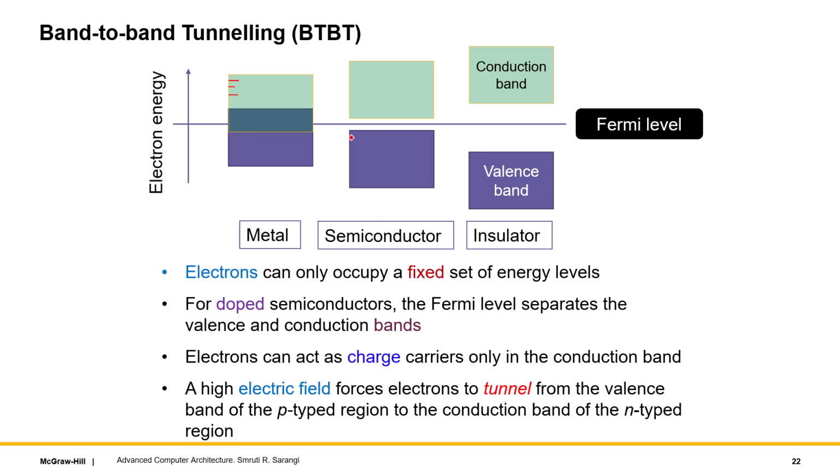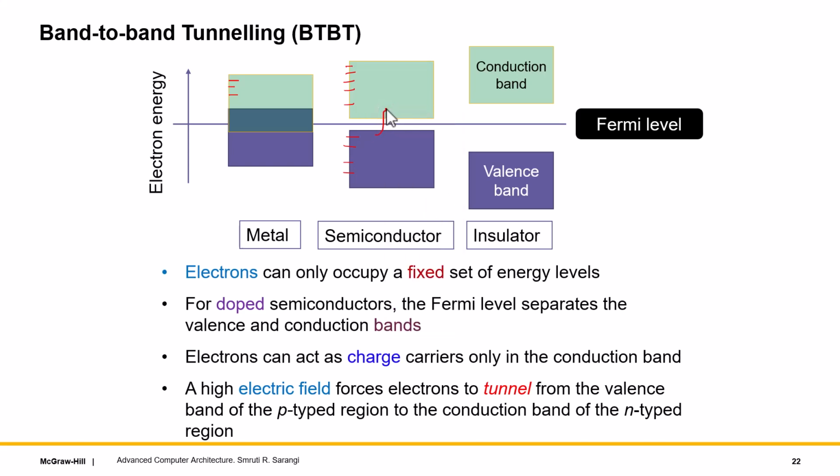So in the metals, of course, there is an overlap, which is why they are excellent conductors. But in the case of semiconductors, there are distinct energy levels and they are non-overlapping, and in between them, their midpoint is known as the Fermi level. For an electron to conduct current, it has to jump from the valence band to the conduction band.